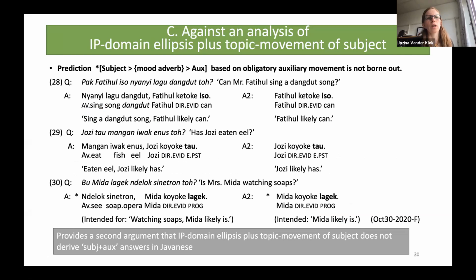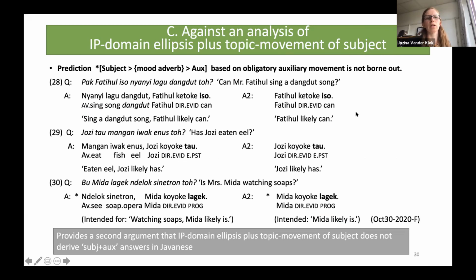So in 28 and 29, these are examples of both overt VP preposing, where you have the order subject, adverb, auxiliary, as well as the subject auxiliary answers, but with the insertion of the mood adverb.